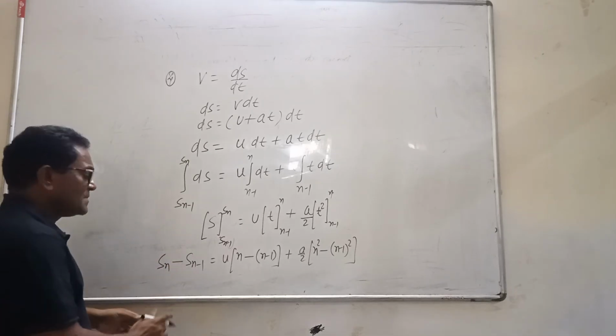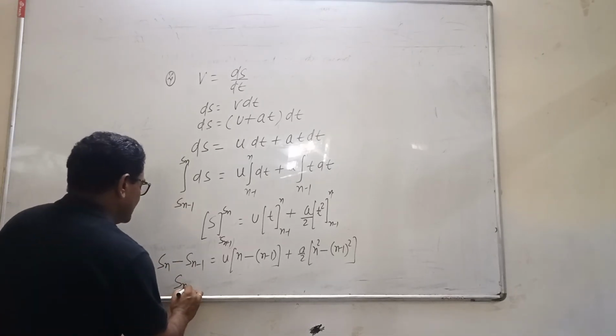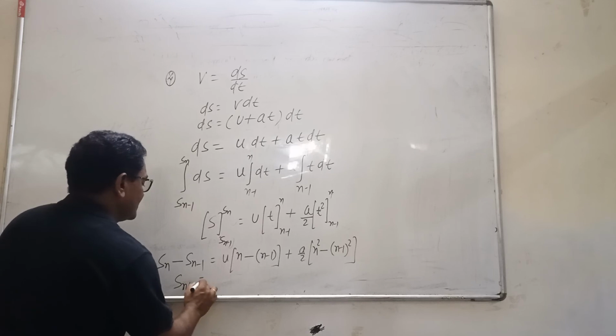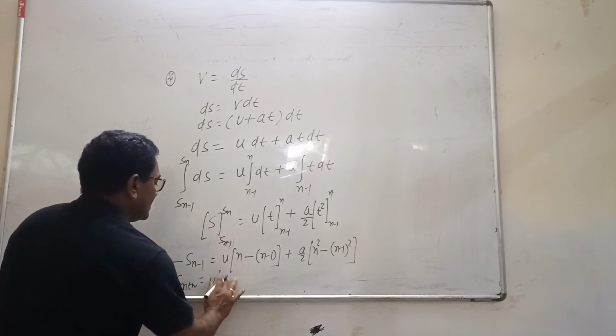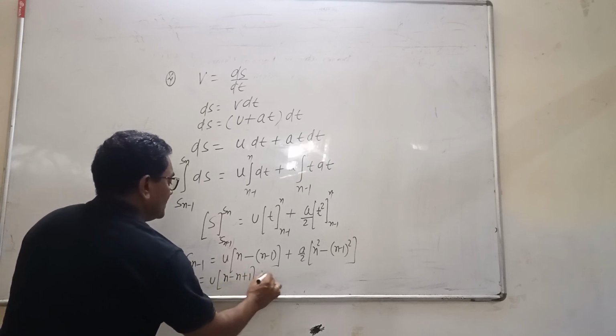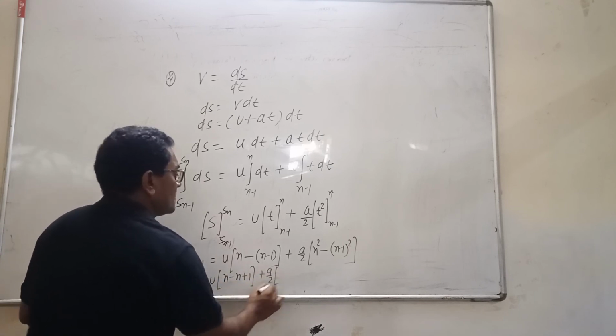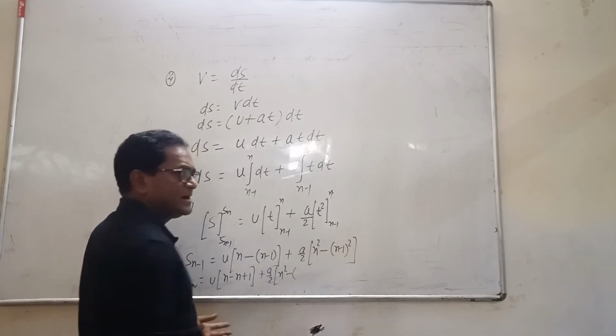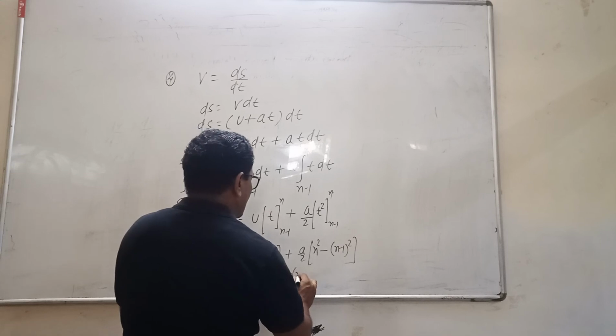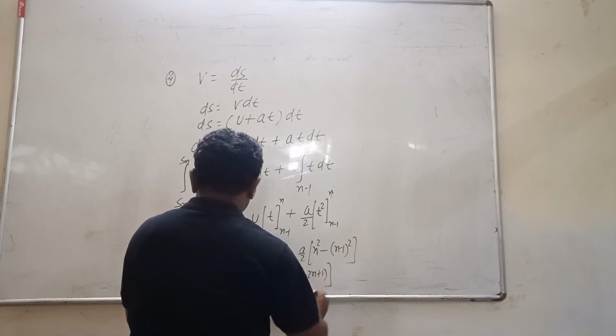So Sn minus Sn minus 1, this is called Sn. You remove the bracket: n minus n plus 1, plus a by 2 into n square minus, this will be expanded by the formula a minus b the whole square, n square minus 2n plus 1.